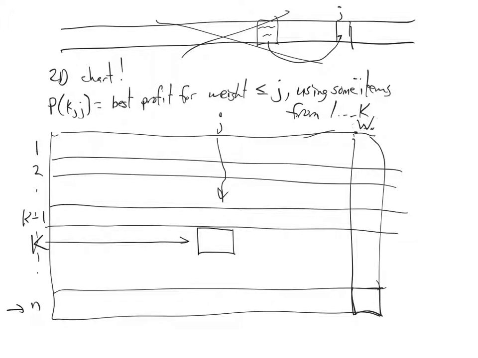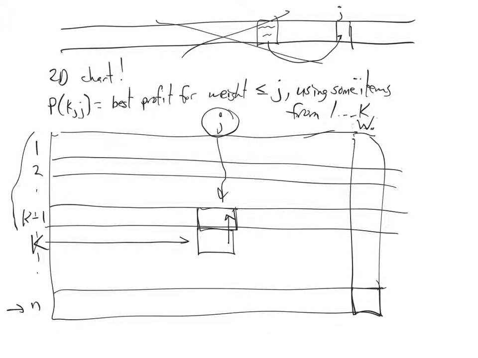In the target cell, we're allowed to use item K, but in all the cells in the row above we weren't. This cell right above contains the best way to make a weight J, that's the column, given items 1 through K minus 1. So it's possible that's the best you can do. It's possible that using item K doesn't help at weight J. It either helps to put in item K because that's your new ability, or it doesn't.